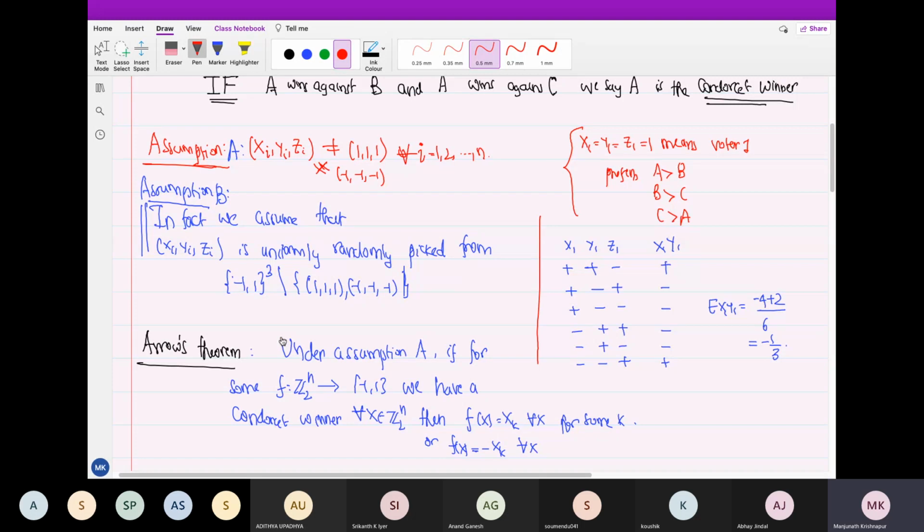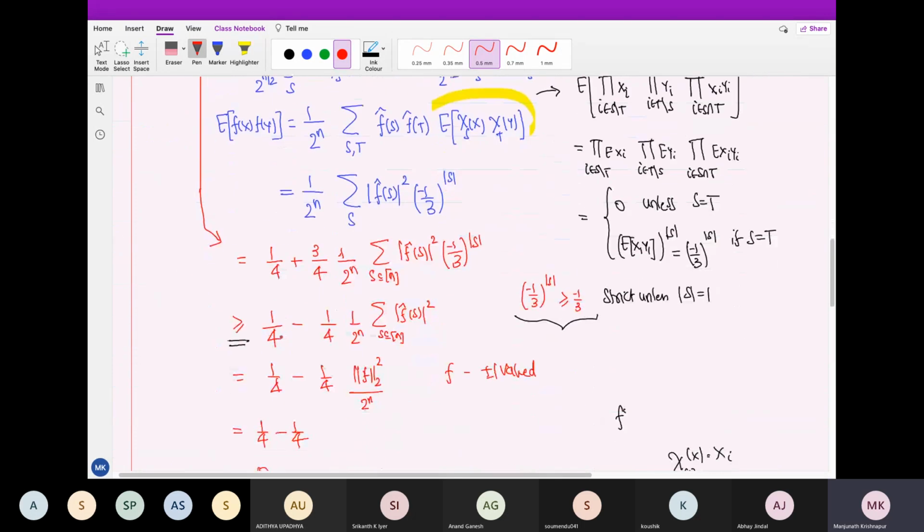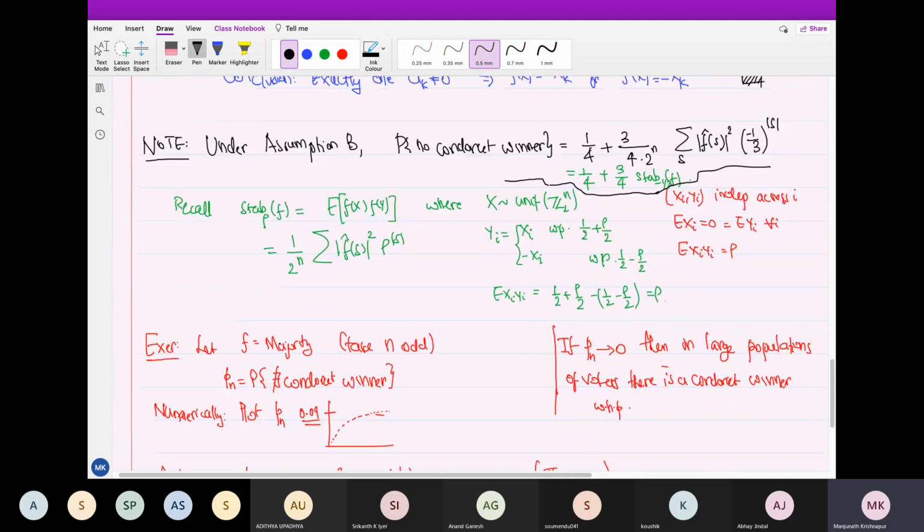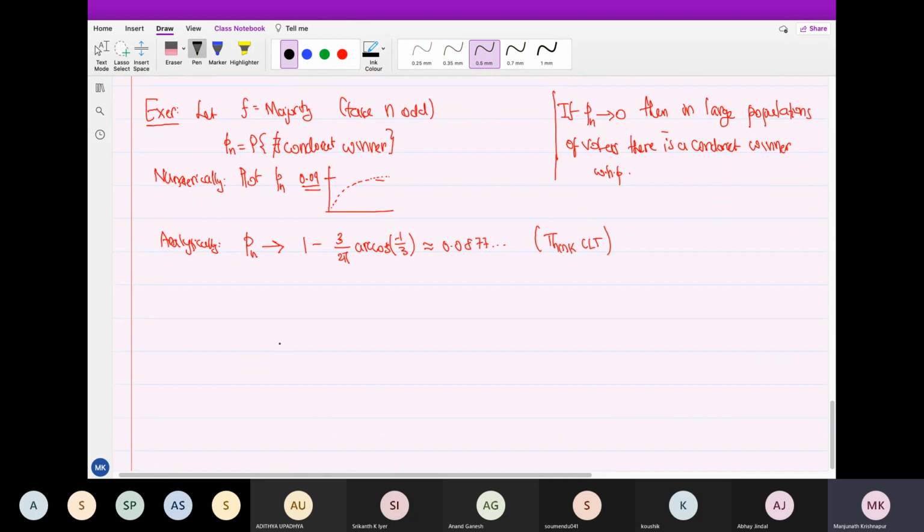Okay. Anything else? What I want to go for now is something even more serious. I earlier emphasized that from the point of view of analysis of modern times, people don't like delicate theorems. We like robust theorems or stability versions.